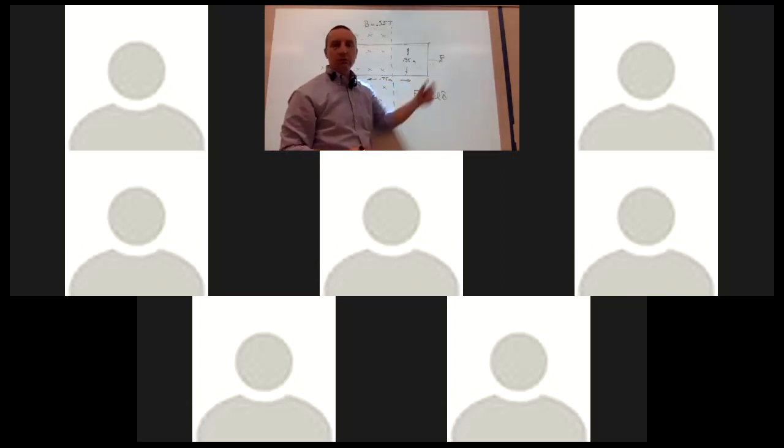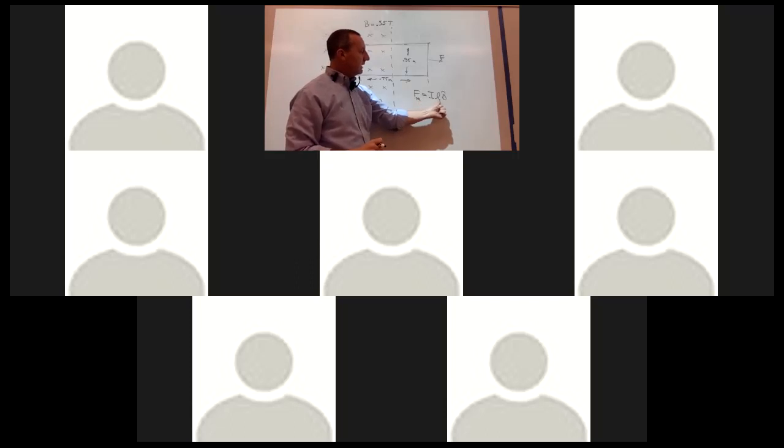Right? And again, the current's moving up, the magnetic field's into the board. So the force that this length of wire is experiencing is to the left. That's why I have to pull to the right to balance it, to pull it at a constant speed. So the magnetic force is the current times the length times the magnetic field.